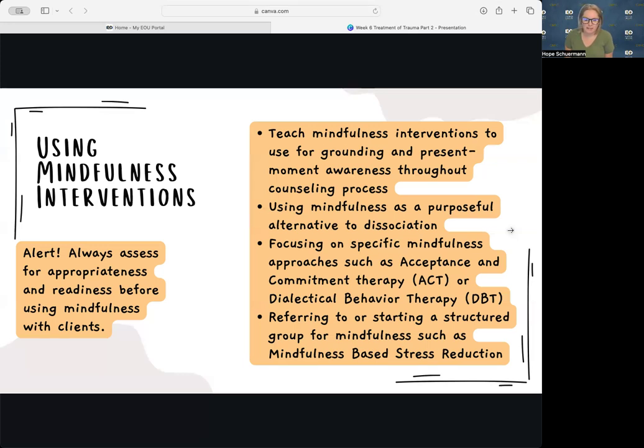I find that it builds skills that are useful across the lifespan, not just in trauma. So I think that's a really good way to learn more about mindfulness in a structured format. And then of course in groups, which you haven't taken group yet, but you will soon, there's so much healing that can happen through the group process, and learning these skills and practicing them together can be very powerful.